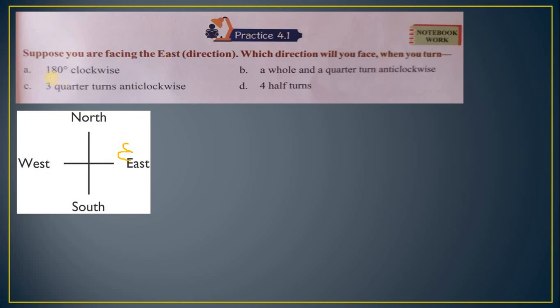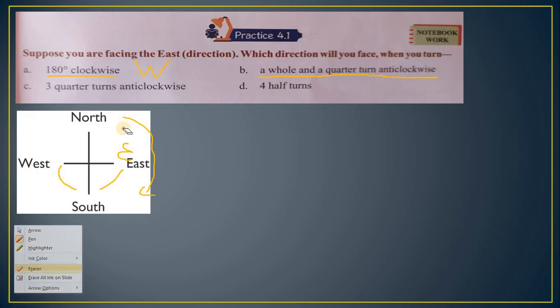The question is 180 degrees clockwise. Clockwise means this direction. So this direction is a complete 90 degrees. Then it will move here. So that is a total of 180 degrees clockwise. So the answer of the first one is West.